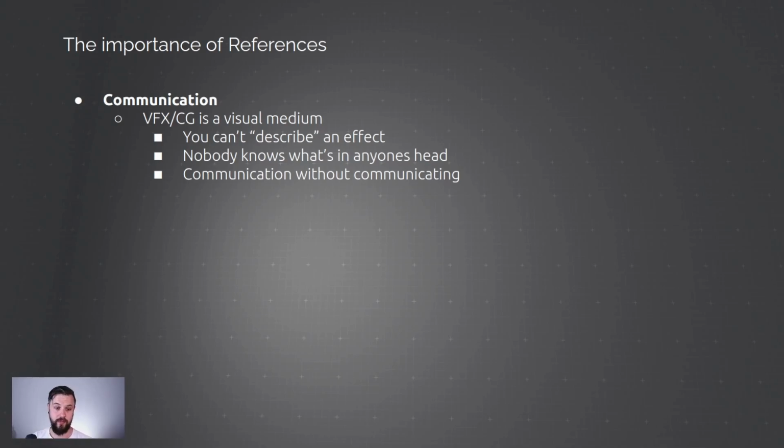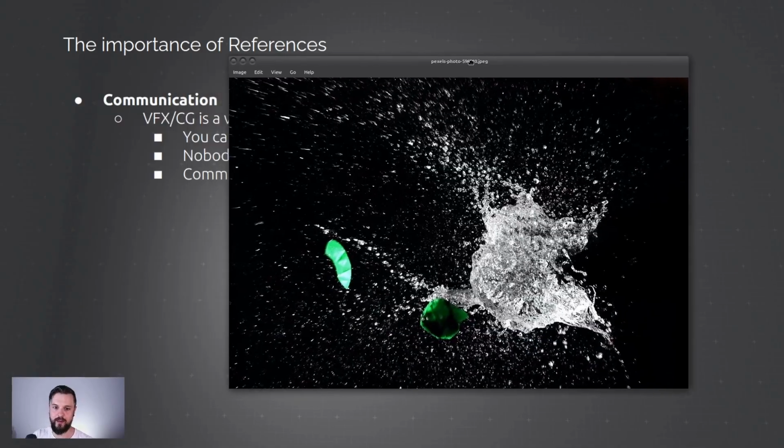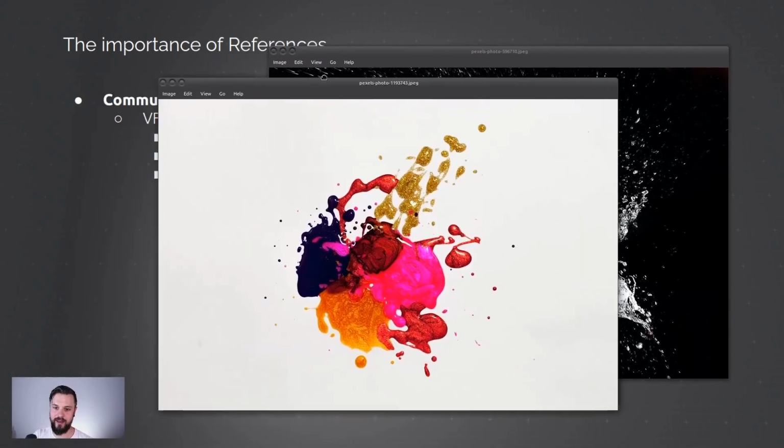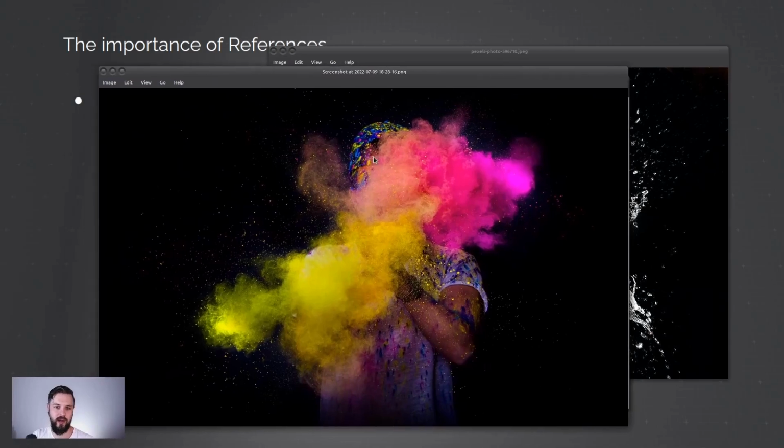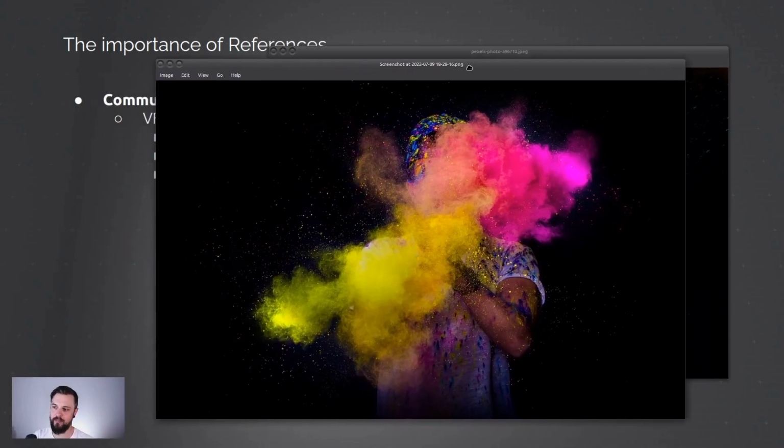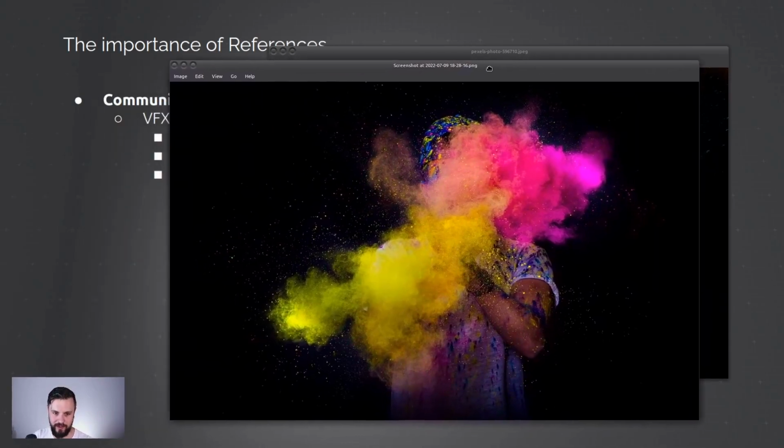For example, many clients use words like splash, or a splashy feel to something. And what that means to them is very specific to what they have in their head and might be completely different to what you imagine under it. So is that a splash? Or maybe this is meant with a splash, or maybe even a powdery explosion can in some people's mind be a splash.